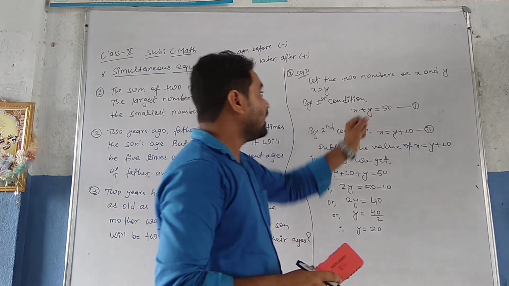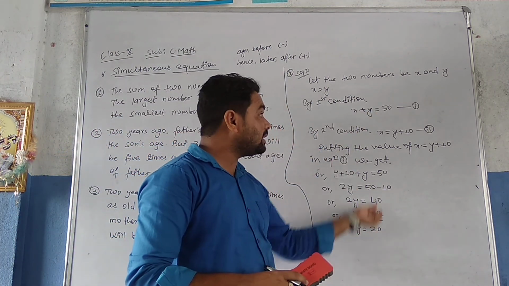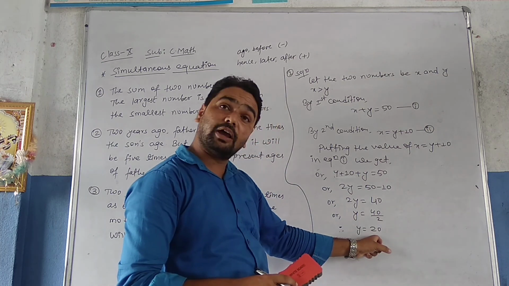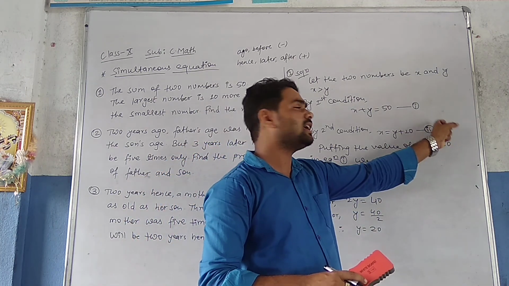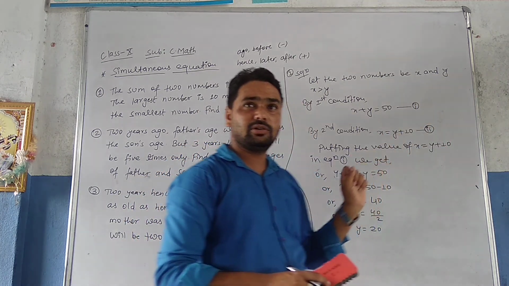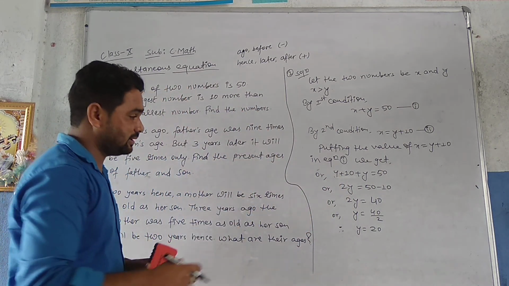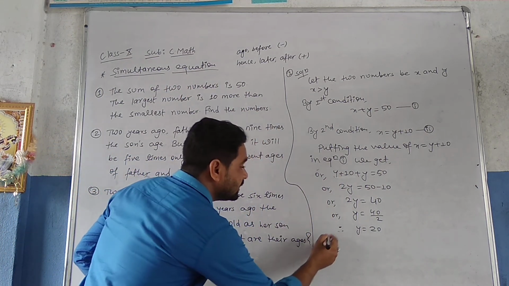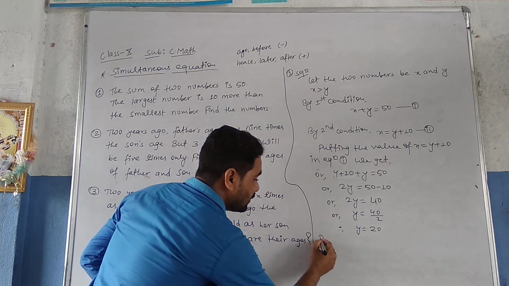Now, to get the value of x, put this value y equals 20 in the second equation, either in the second or first, wherever we like. So let's put the value.